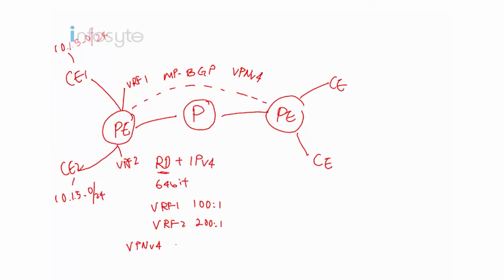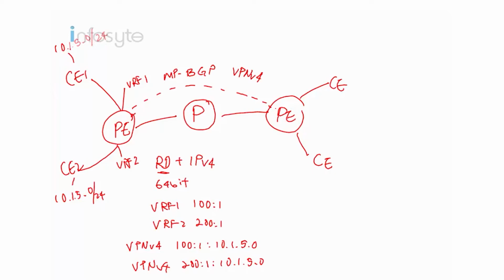The first update they're going to send will be 100:1 colon 10.1.5.0, and another VPN-v4 update will look like this: 200:1 colon 10.1.5.0. So when this update is sent from one PE to the other PE, there are differences.